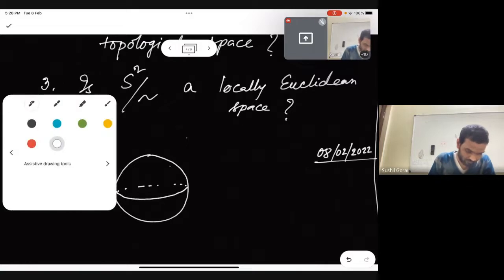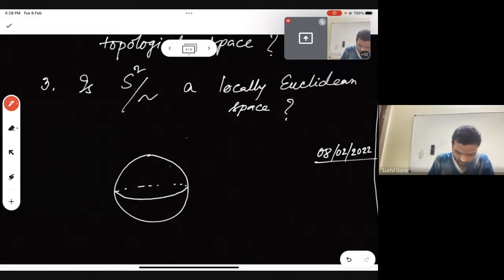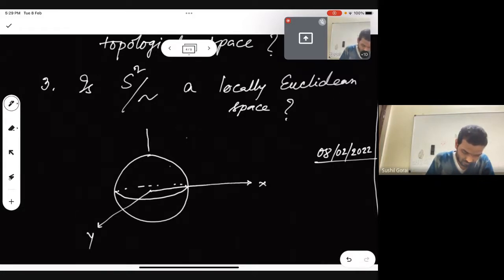Suppose this is the x axis, this is the y axis, and this is the z axis.